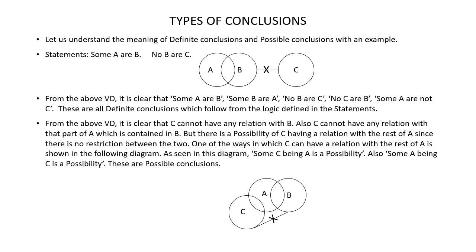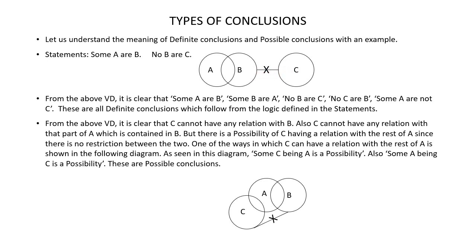From this Venn diagram, it's clear that this portion of A is contained within B, which means some A are B. Also, this portion of B is contained within A. This means some B are A. Also, clearly you can see that there can be no relation between B and C. So, no B are C. Also, there can be no relation between C and B. So, no C are B.